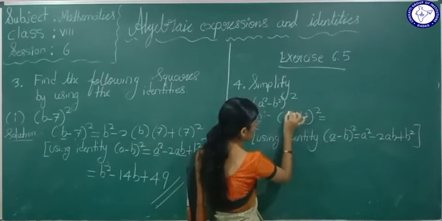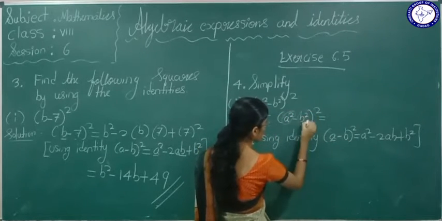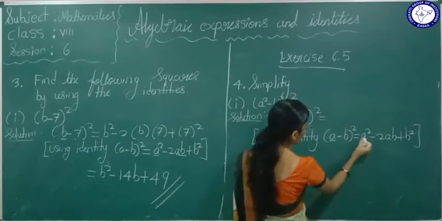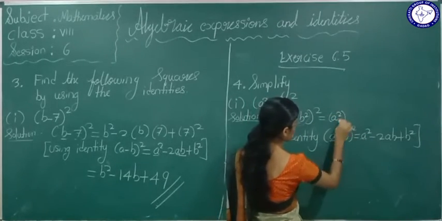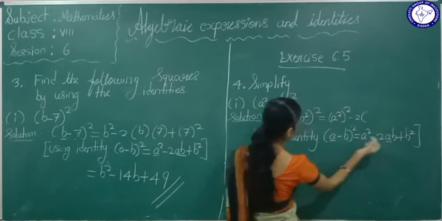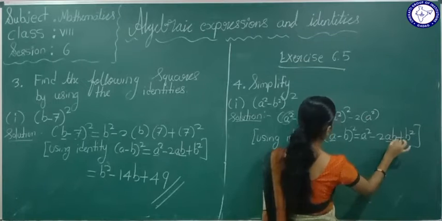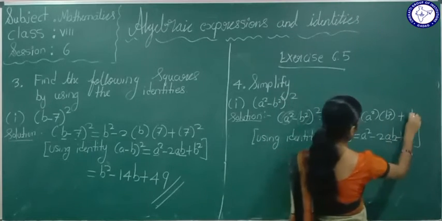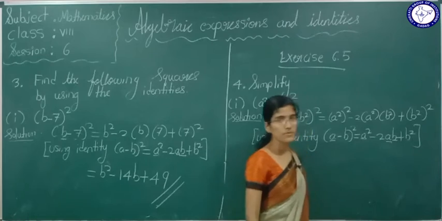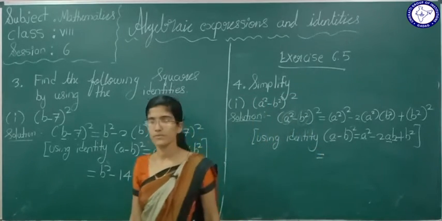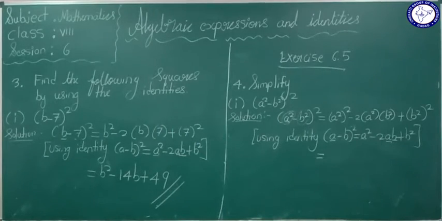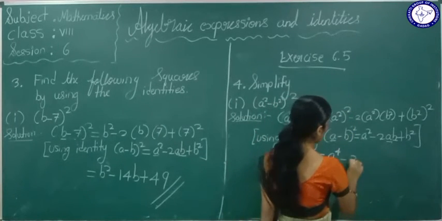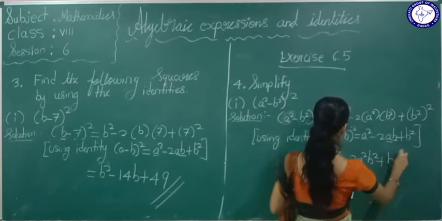In place of a we have a², in place of b we have b². So it is (a²)² minus 2 times a² times b², plus (b²)². Now simplify this: a to the power 4, minus 2a²b², plus b to the power 4.